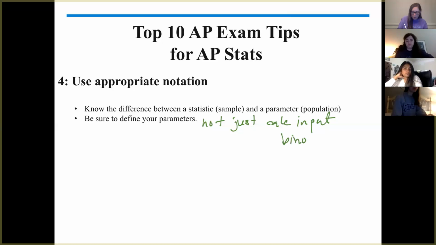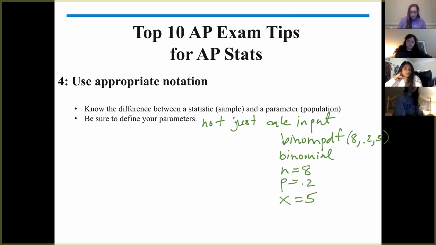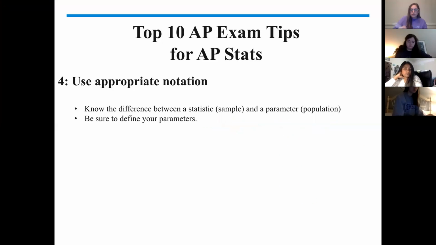And if you had binom PDF 8, .25, you would say it's binomial. You would have 8 trials. Your probability would be 0.2. My X would be 5. So you're listing out everything on top of what you put in the calculator.